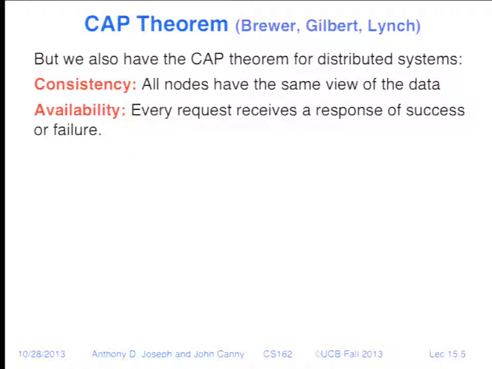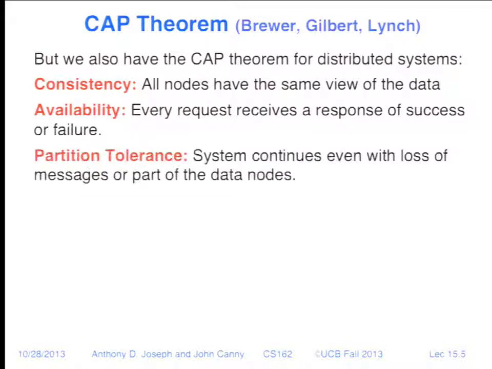And the idea is that when clients make requests, they should receive some kind of response, even if it's a response saying, I can't complete the transaction right now. And partition tolerance is another kind of fault tolerance or durability constraint that says that the system should continue even if there's a significant loss of storage.